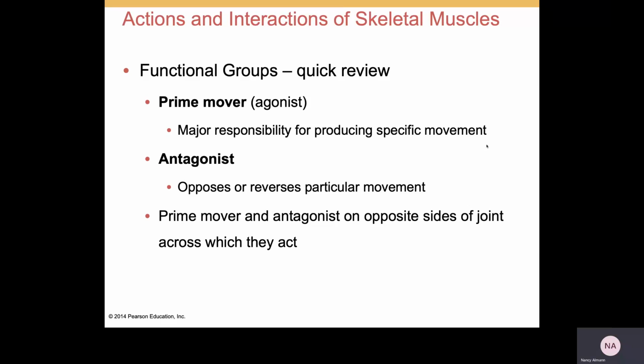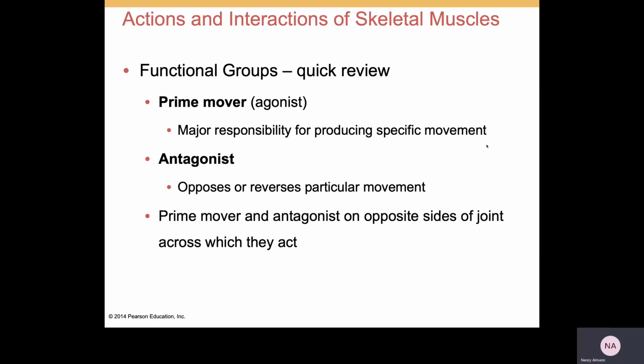We have discussed the terms that we're going to go over quickly in these next few slides. We've already talked about prime mover, which is the muscle that has the major responsibility for producing a specific action. We know that each prime mover will have an antagonist, which is going to oppose or reverse that movement of the prime mover.